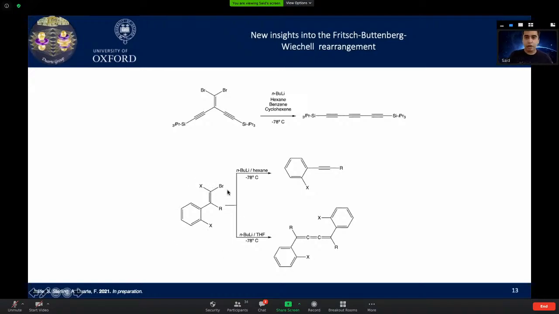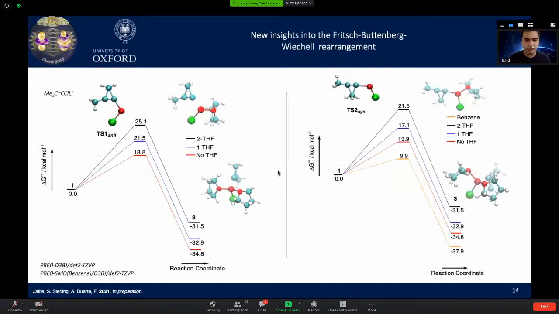So I will just give you one example of the solvent effects. In this case, we analyze this carbenoid where we have two methyl groups. We actually see that as we explicitly increase the number of tetrahydrofuran molecules, we see an increase in the barriers of almost 4 kilocalories per mole.